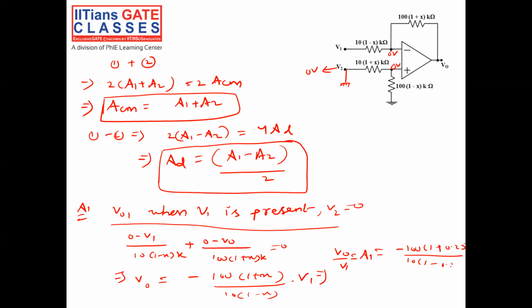X is given as 0.25. So A1 is nothing but 10 into (1 plus 0.25) divided by (1 minus 0.25). I got 16.66. So A1 is equal to 16.66.